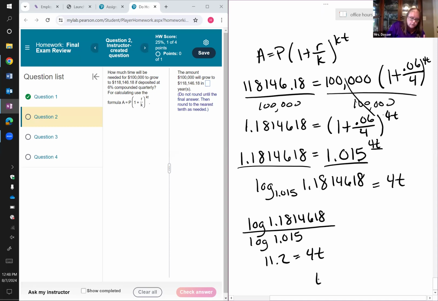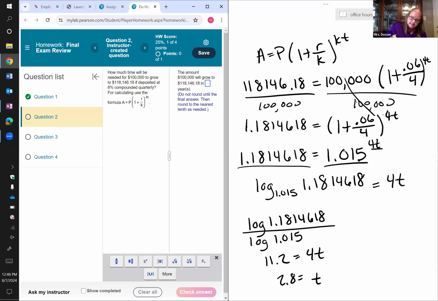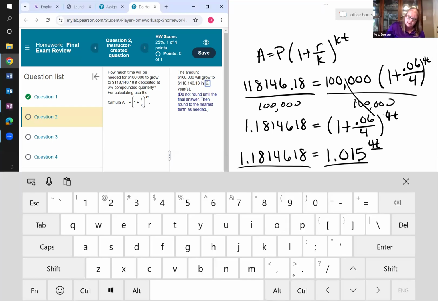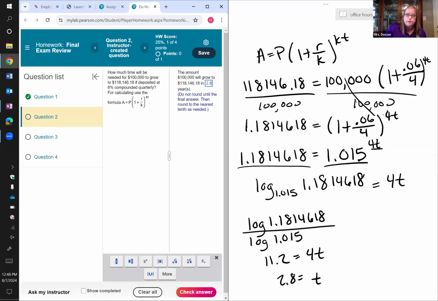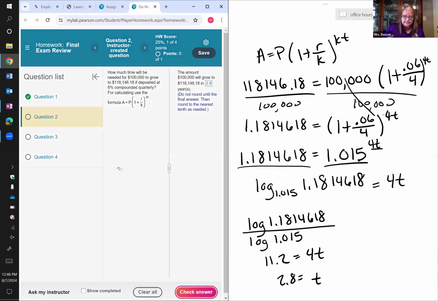And when we do, now we can round it. It wants us to round to the nearest tenth, so that's to 1 decimal place. And when we round, we end up with 2.8 years. And so 2.8 years is how long it takes for this $100,000 to grow to $118,146.18.